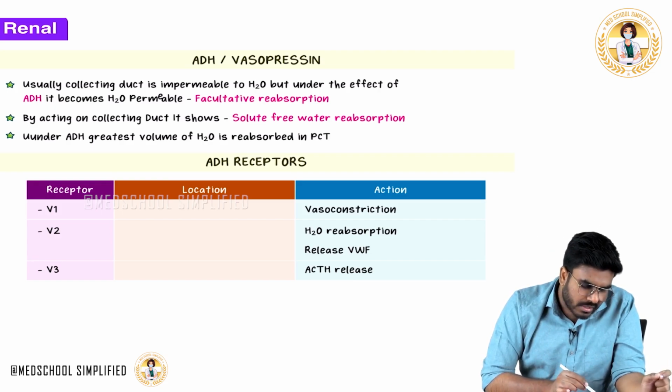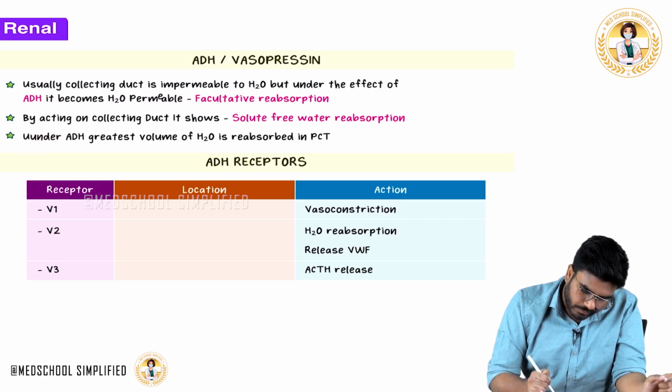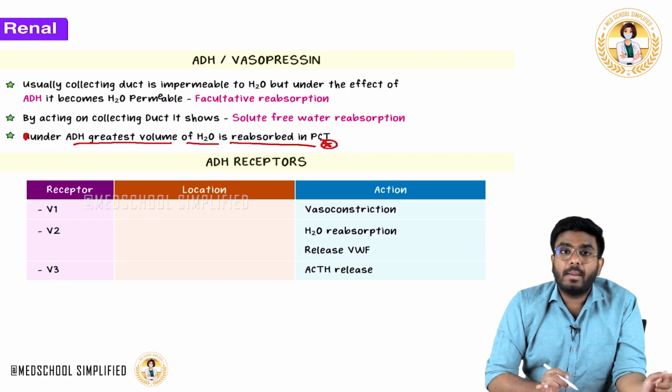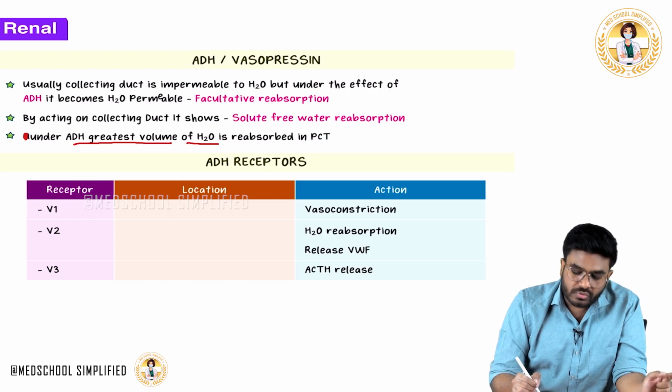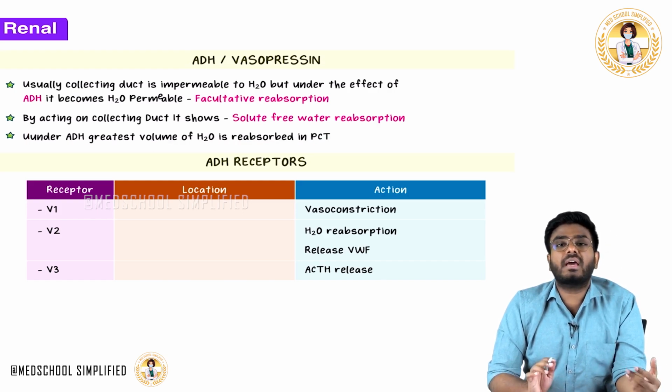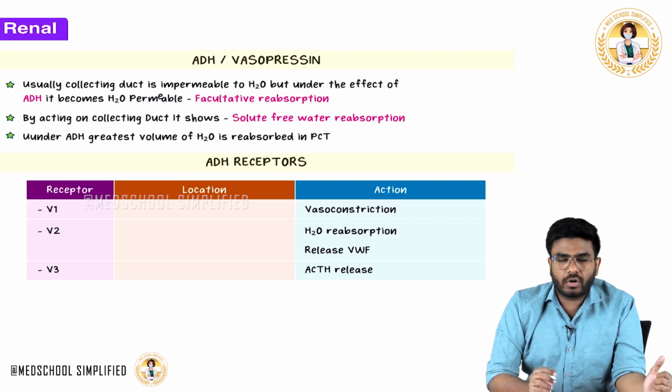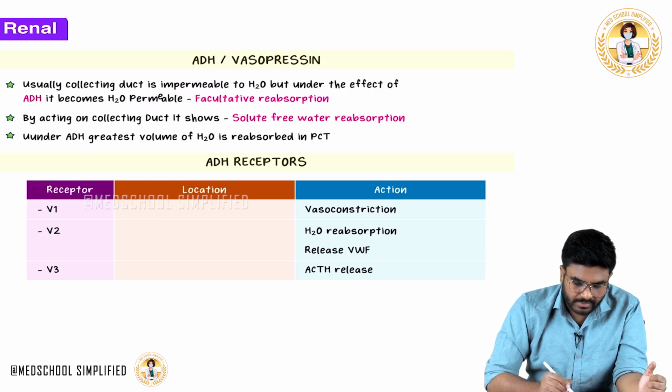So if someone asks you, under the influence of antidiuretic hormone, the greatest volume of water reabsorption happens in the PCT. But the important point is that usually in the collecting ducts there is no water reabsorption, but under the influence of antidiuretic hormone there is facultative water reabsorption, or solute free water reabsorption. Done.